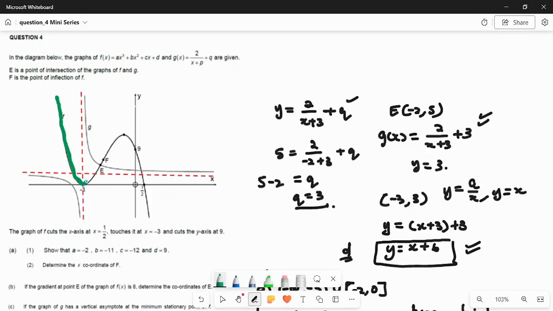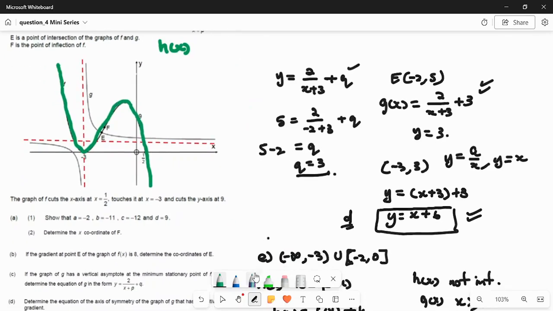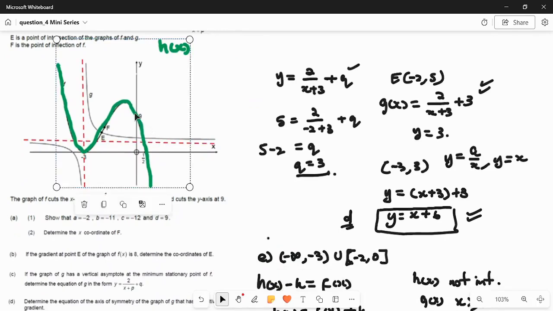So let's pretend this function is an identical duplicate of the function of f. However, this new function is h of x, and I don't want it intersecting my g from this part of my axis, from 0 going to the right. So how can I achieve that? Let's say I will move this function vertically. So let's say I move my function vertically downwards, right?